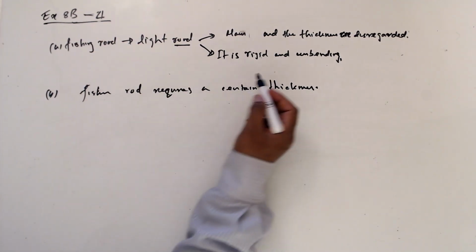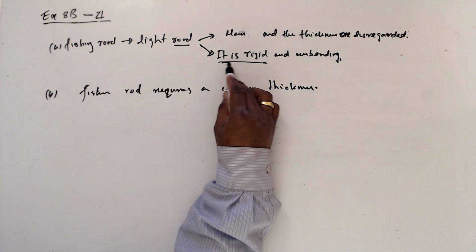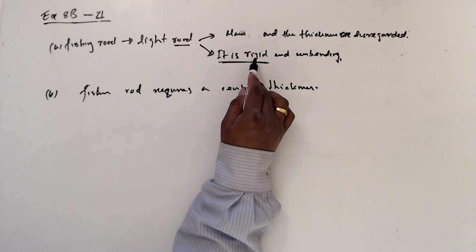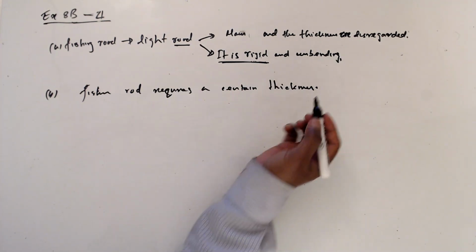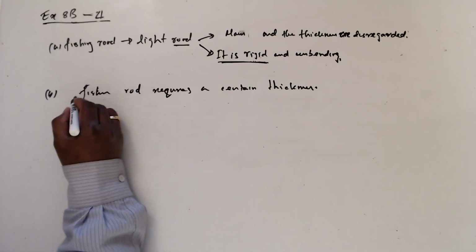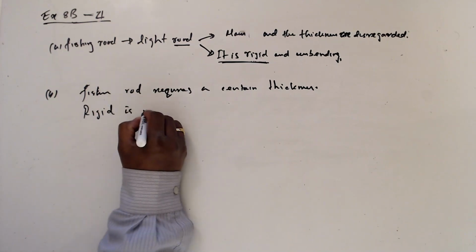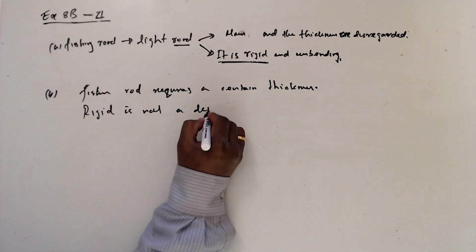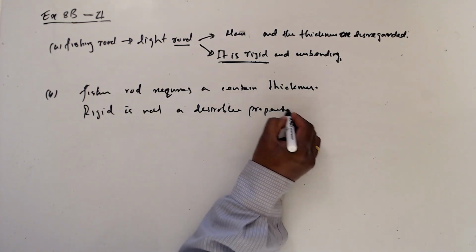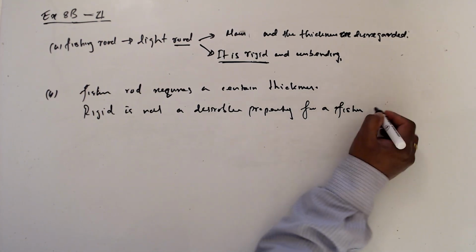Disregarding it, the rod is rigid and unbending because a rod usually is, and this is not a desirable property for a fishing rod.